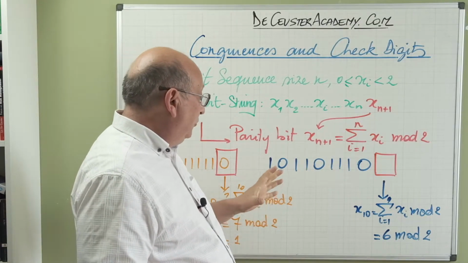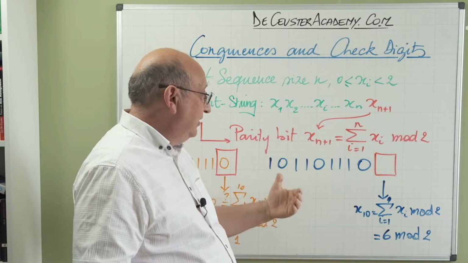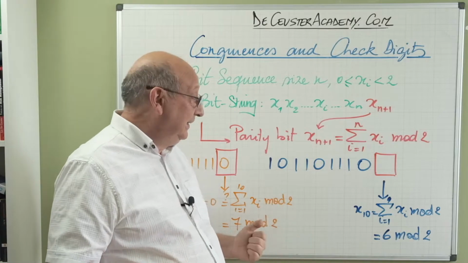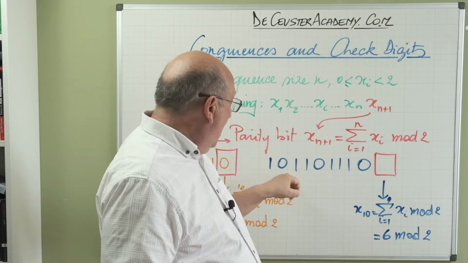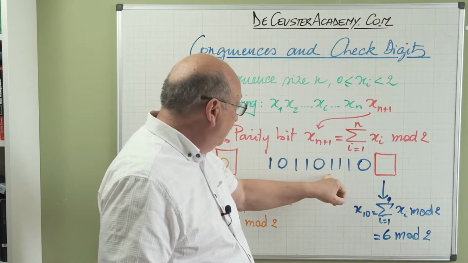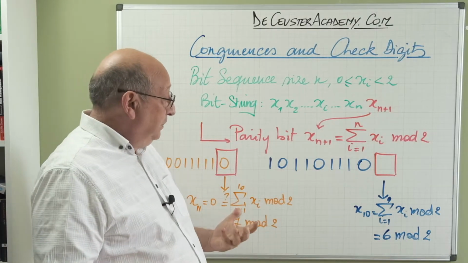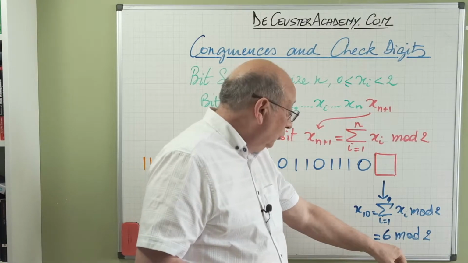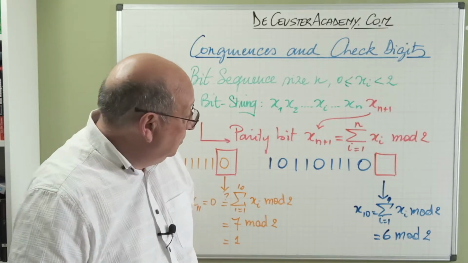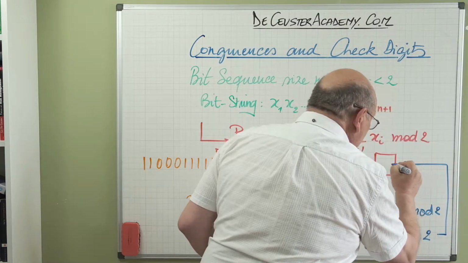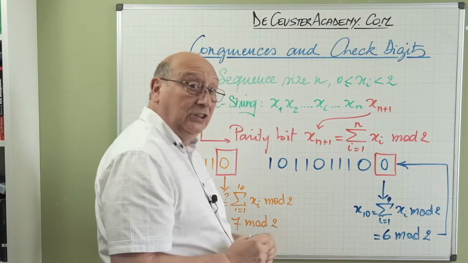So basically we have those 9 numbers, and the 10th number will be the check digit, or the parity bit in this specific case. Now we have 1, 2, 3, 4, 5, 6. We have an even number of bits equal to 1, so we have 6 modulus 2, and with 6 modulus 2 we can say that the parity bit in this case is equal to 0.